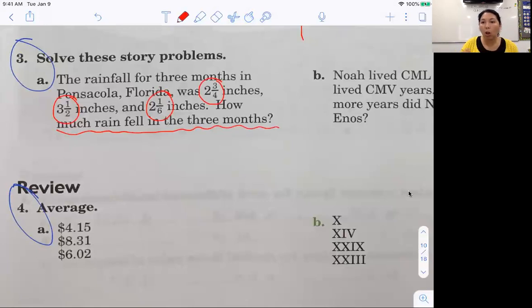That means in all those months, how much rain fell? Figure out if you're going to add or subtract. That's all we're going to do here. You decide which one. Okay, if you need to do it on scratch paper, do it. Pause the video. This one takes a little bit of time to write out.